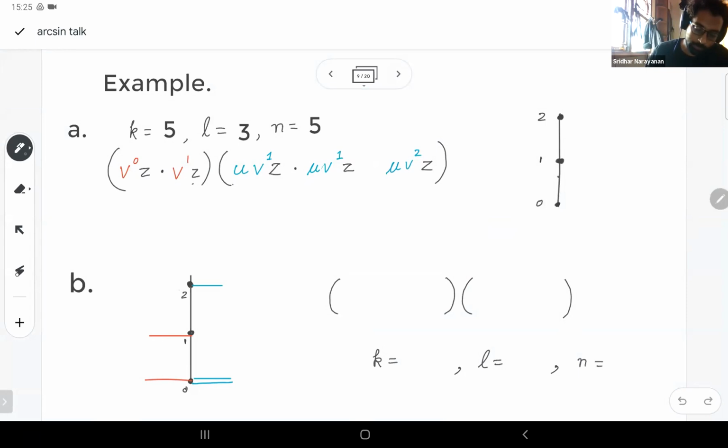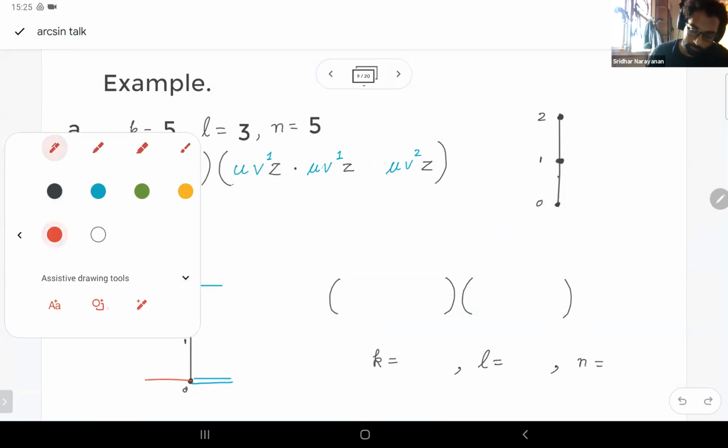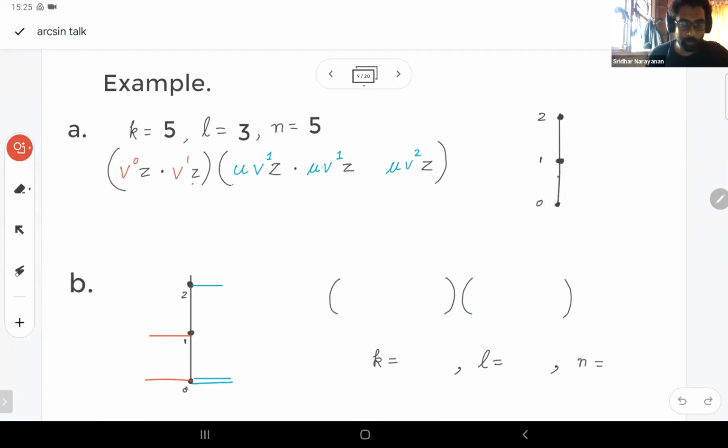So we look at all of the terms that come from the numerator and mark those in red. Here we look at v raised to 0, so at the 0th level, we put a red line. And there's a v raised to 1, so we put a line on the first level in red, which indicates that these come from the numerator.